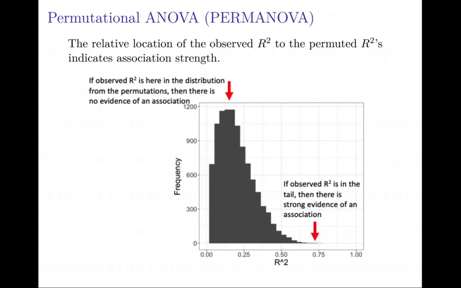However, if your observed R-squared falls in the tail, sort of right around 0.75 in this picture here, there's really strong evidence of an association.